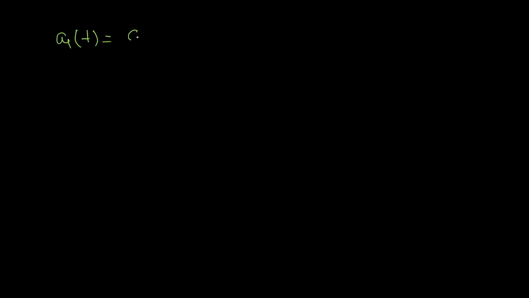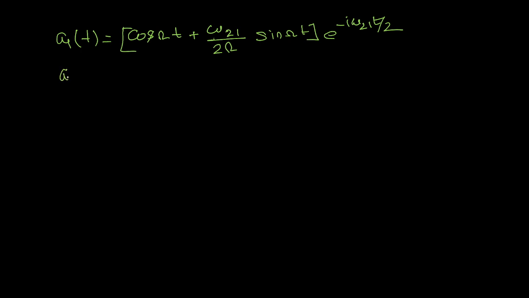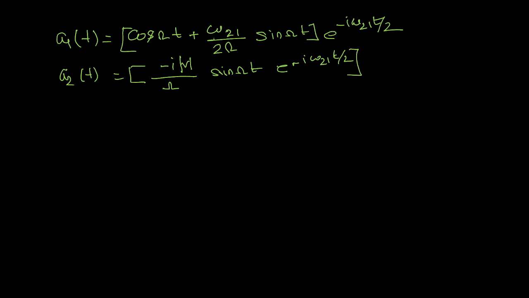It is something like this: cos omega t plus omega 21 by 2 omega sin omega t, times e to the power of a phase factor. It can be done; it's quick mathematics. If you use some time, you will get the value.